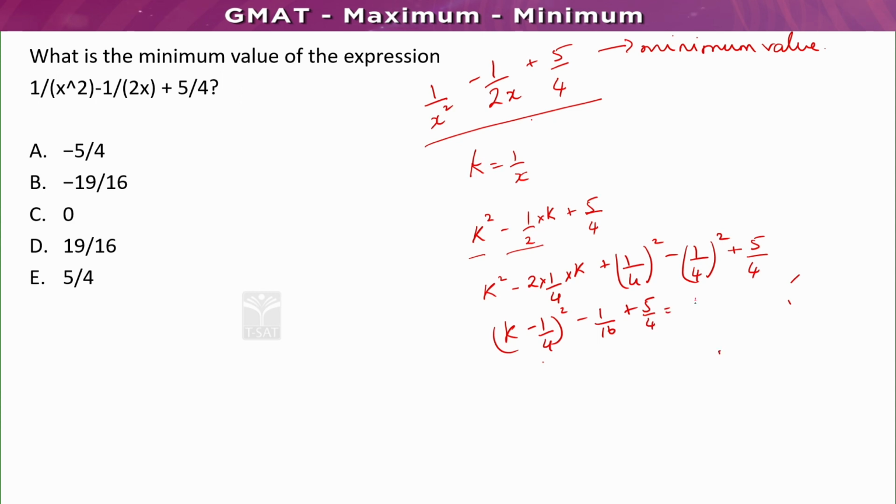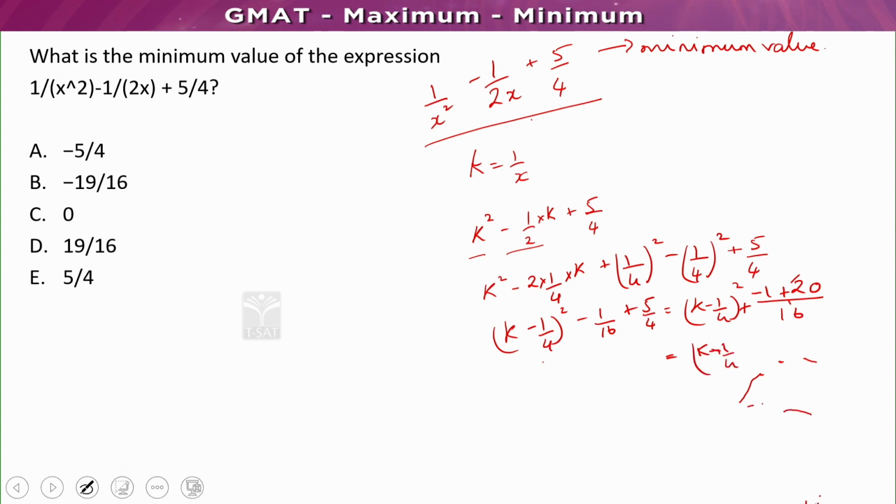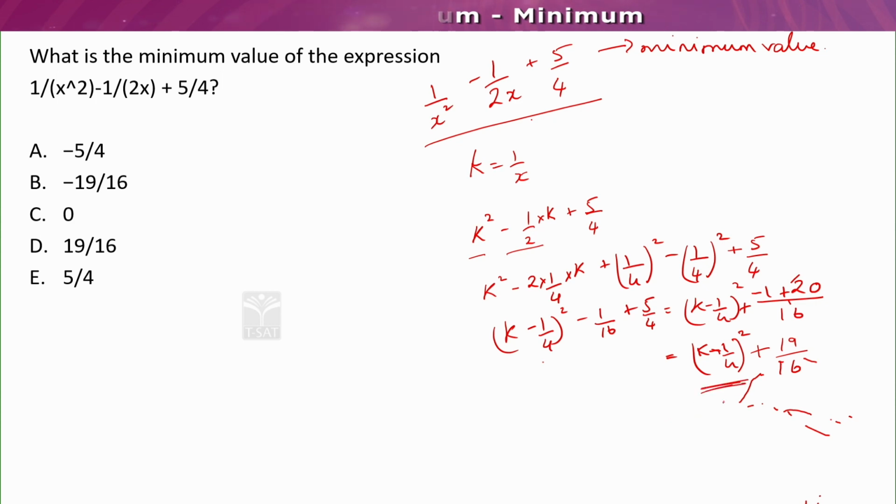Taking the LCM as 16, you have minus 1 plus 4 fives, which is 20, so this equals k minus 1 by 4 whole square plus 19 divided by 16. Now this whole square, the minimum value that it can take will be 0.